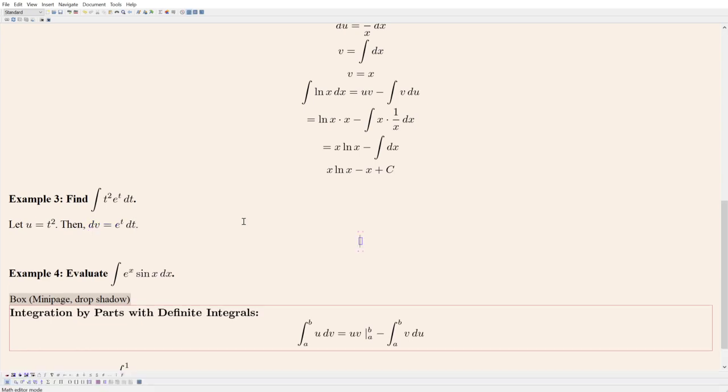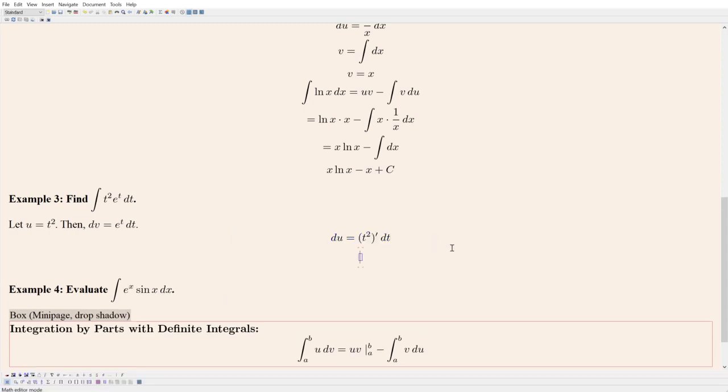Now let's fill in the rest of our ingredients. So du is the derivative of t squared dt. So that is 2t dt.